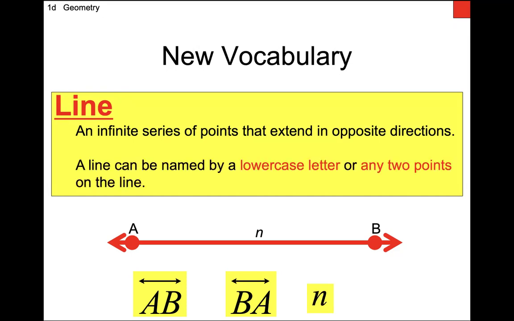So this is line n, or line AB. Either one works. I'm going to stress one more time, lines can be named by any 2 points on the line, or by a lowercase, italicized, or cursive letter.